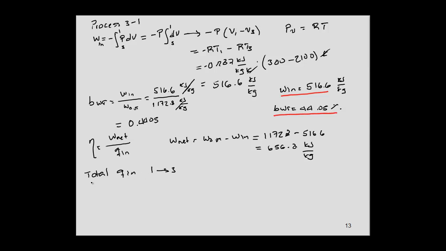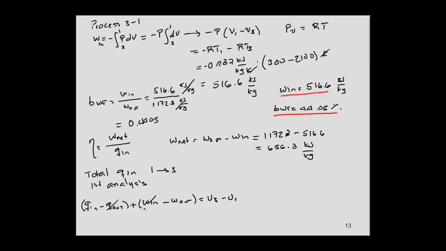So applying first law analysis, it will be Q in minus Q out. We start from the general expression. We know that we don't have any Q out, plus work in minus work out equals U3 minus U1. We don't have any work in. The first part is constant volume.